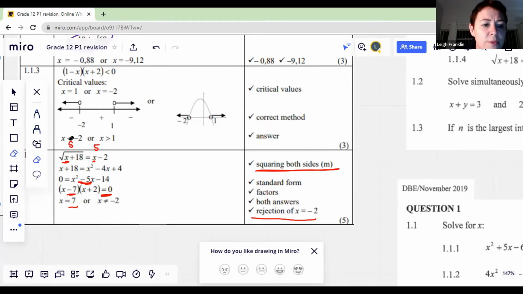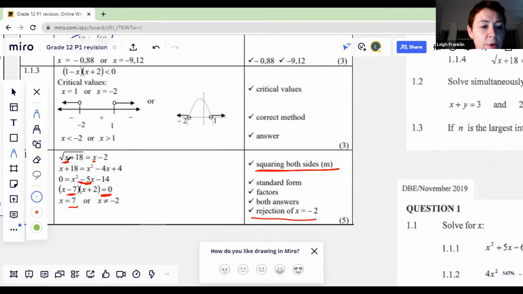Now, let me just rub the 5s out. Now, when we sub in -2 on the left-hand side, what would we get as an answer? Karabo, what would you get if you subbed in -2 on the left? An error.